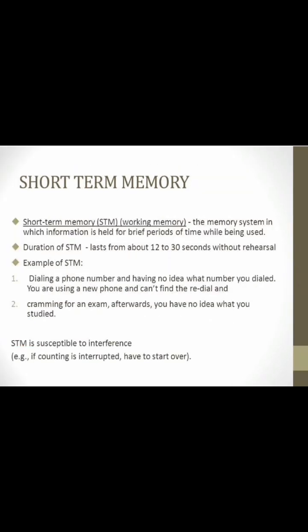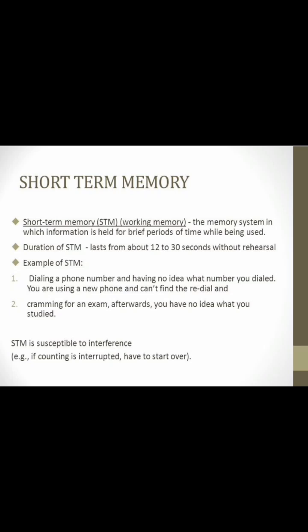Now we will discuss short-term memory, also called working memory. This is the memory system in which information is held for a brief period of time while being used. The duration of short-term memory is about 12 to 30 seconds without rehearsal.